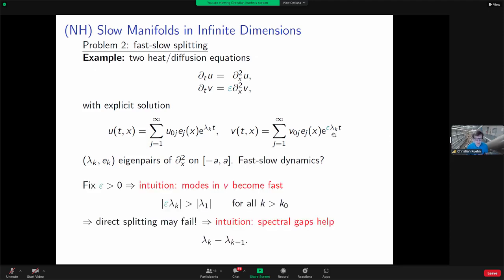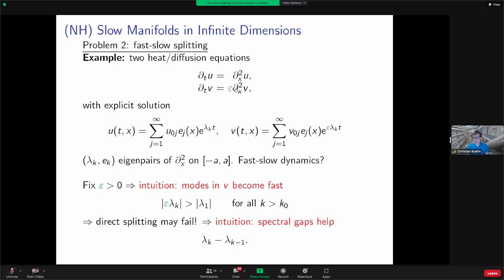Yeah, but if you do this, the intuition is that some modes in V can become fast even if the epsilon is small, because the eigenvalues lambda k go to infinity. So eventually you can have fast modes despite the fact that epsilon is small in the second V component. So that's the intuition here.